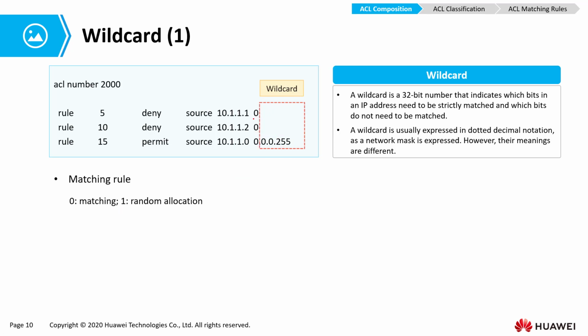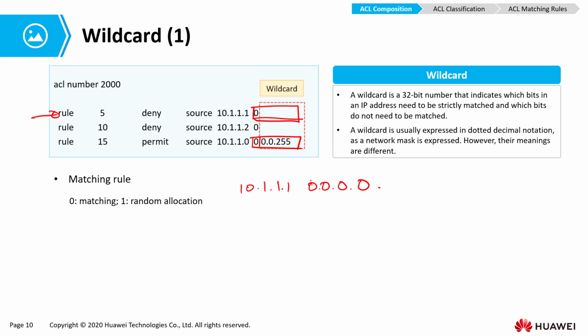I'm going to give 2 examples here. Look at this wildcard and look at this wildcard right here. Now, when you look at rule number 5, it has 10.1.1.1 and the wildcard of 0.0.0.0.